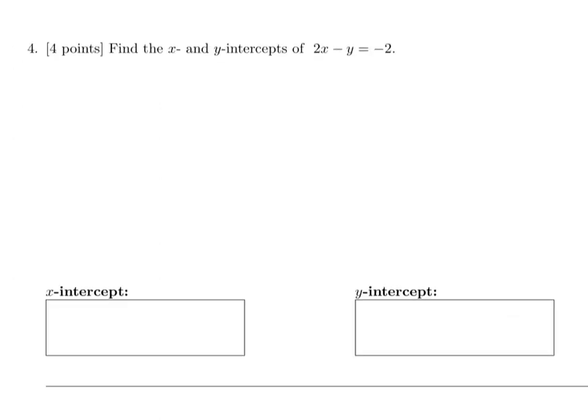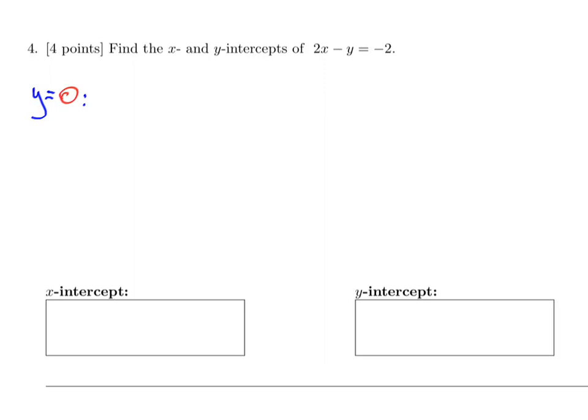All right, let's look at problem 4. It says find the x and the y-intercepts of the line 2x minus y equals negative 2. Remember, to get the x-intercept, you set y equal to 0, because the x-intercept is a point on the x-axis, and all those points have y-coordinate 0.